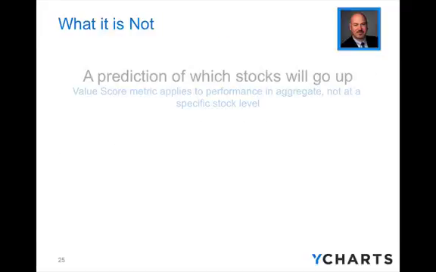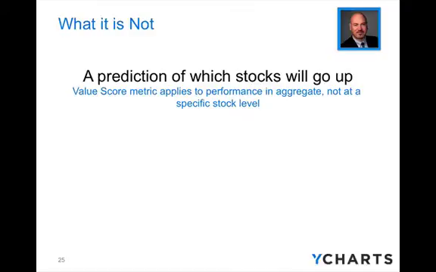Well, if it's designed for screening, what is it not designed for? It's not designed as a prediction of which stocks will go up. It's designed as a screen. The value score metric is describing performance in aggregate, not at a specific stock level. In order to figure out whether a specific stock is a good idea or not, you have to do more work on it, and this was actually the birth of our 1% focus reports, where we take a look at one specific company that comes up in one of these screens.